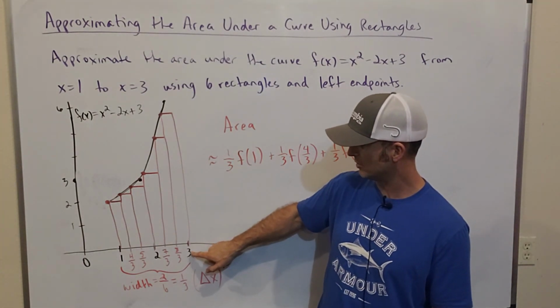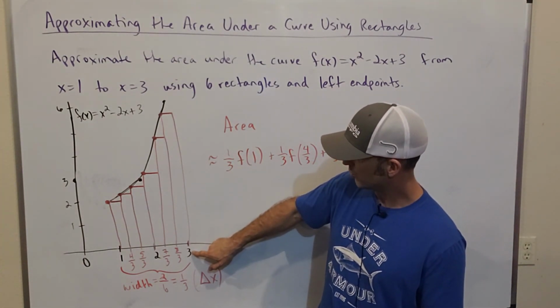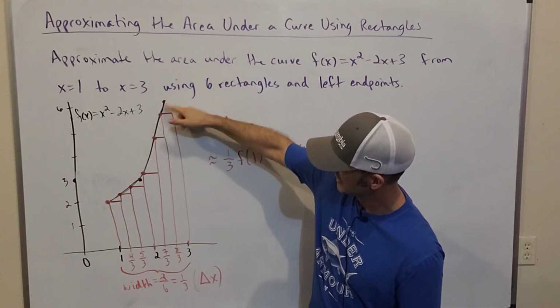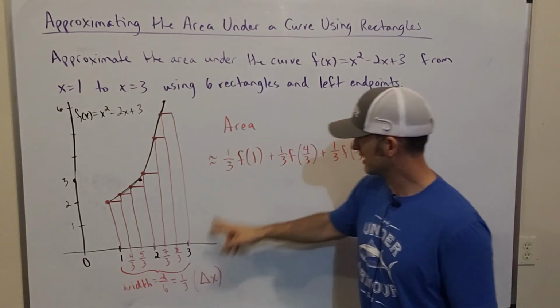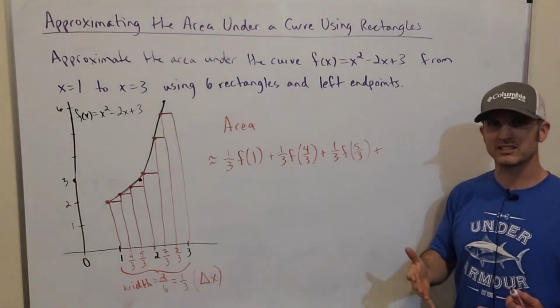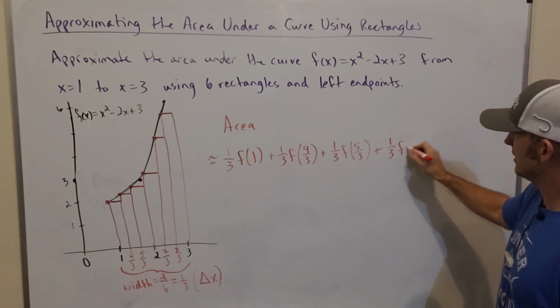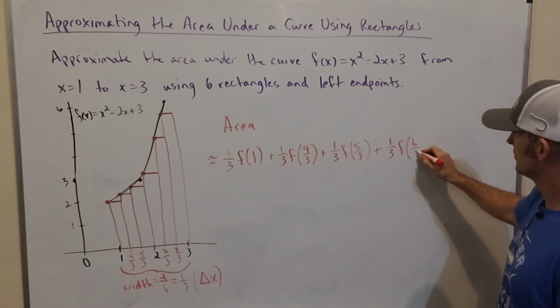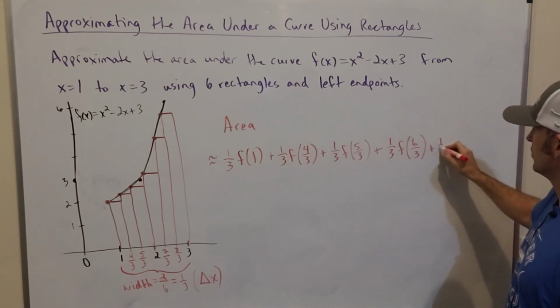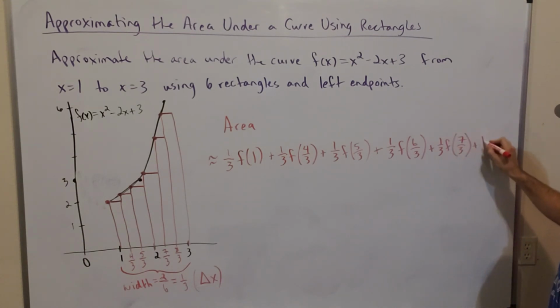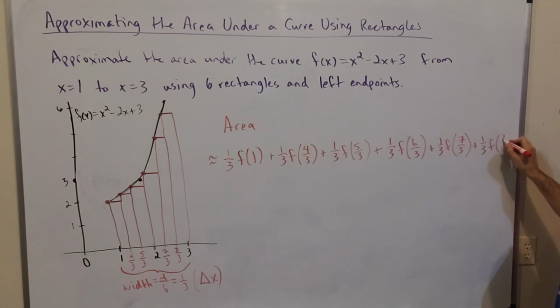I don't have any rectangles that have a height that match to the y value of 3, because that's a right endpoint. So I'm going to continue this process until I have 6 rectangles, and you'll see that the last one ends at the height of 8/3. 6/3, I can put plus 1/3 times f of 7/3 plus 1/3 times f of 8/3, okay?